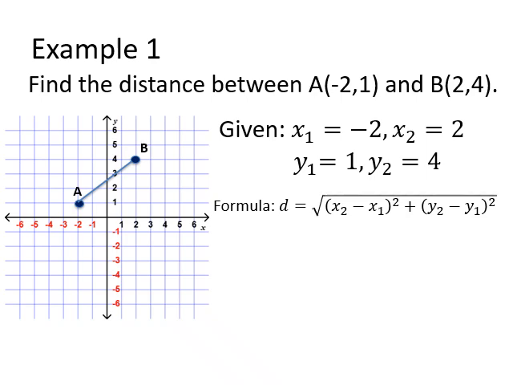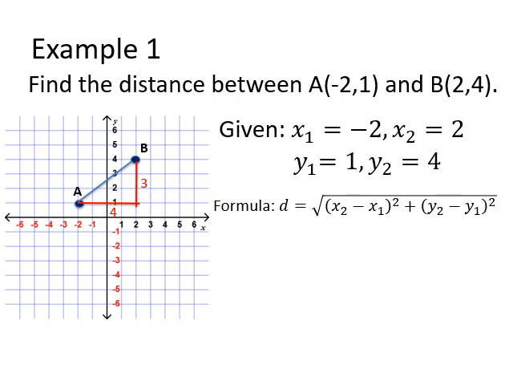So, x sub 2 minus x sub 1. So, let's look at this. That is the horizontal distance. By inspection, you can count the number of units from A to B horizontally. So, this is A to B. So, that is 4 for the horizontal distance, and the vertical distance is 3.